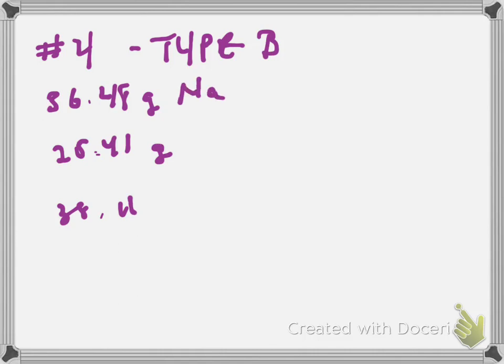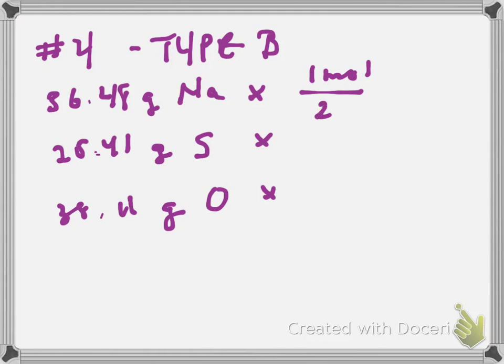Grams of sodium, just so you don't forget. This is grams of sulfur, and this is grams of oxygen. All right, now, a lot of people made this mistake. I don't divide by 100 or do anything like that. I'm not dividing yet. Well, I am dividing, but I'm dividing by formula mass again. So you need to divide by formula mass.